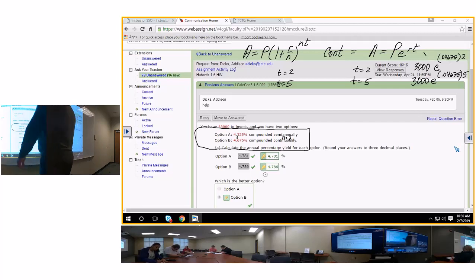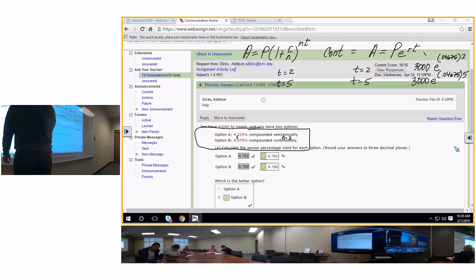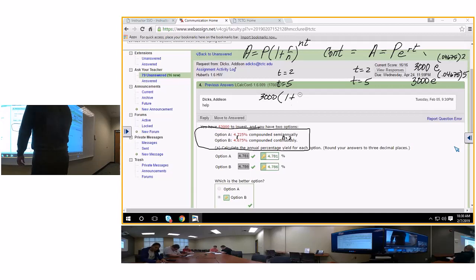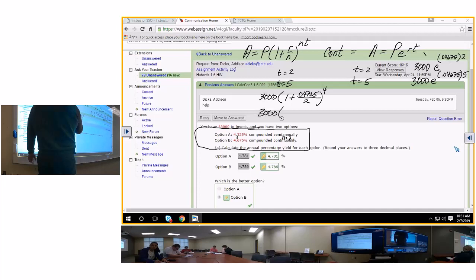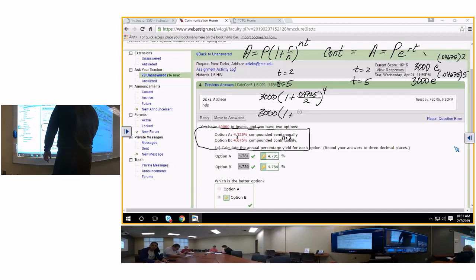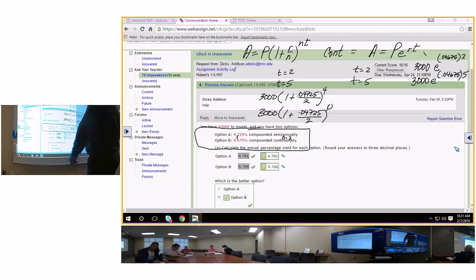And then this over here is going to be 3,000 times 1 plus R, which is 0.04725, over N, which is 2, raised to the 2 times 2, which is 4, and then 3,000 times 1 plus 0.04725 over 2 raised to 2 times 5, which is the 10th power.